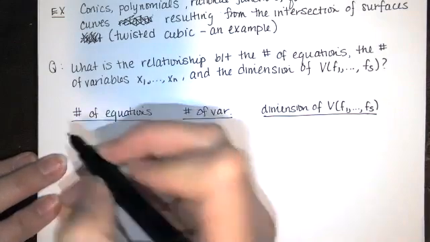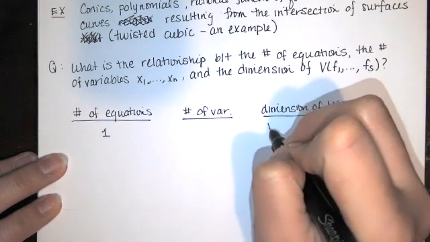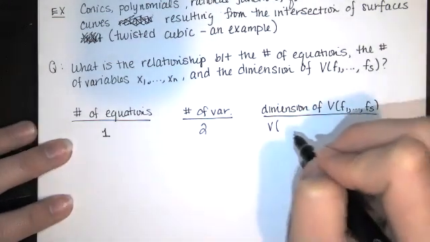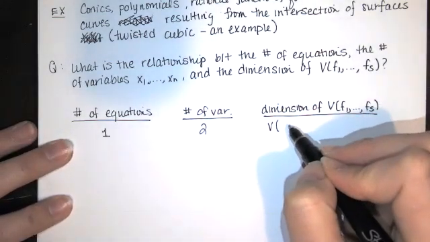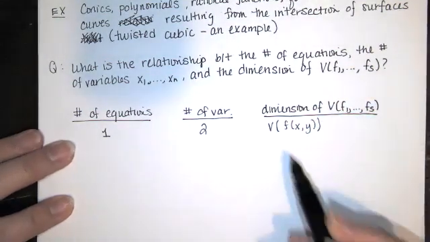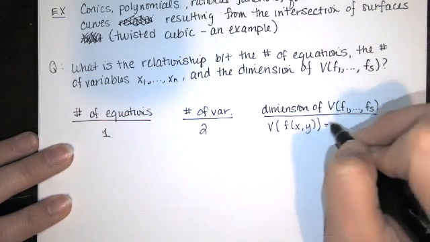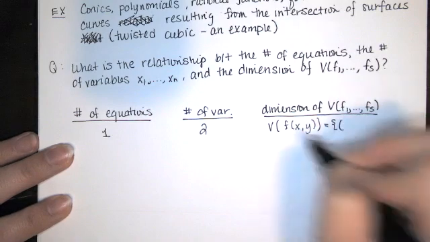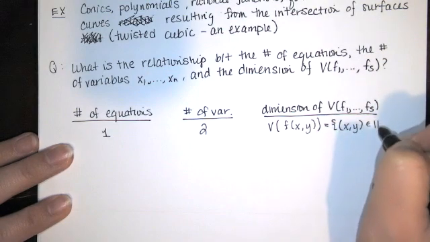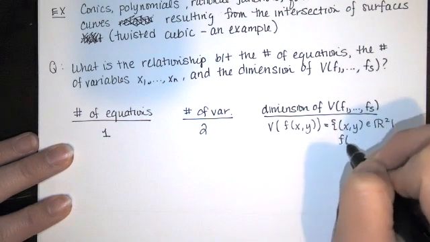Well, if we have one equation and maybe we have two variables, our affine variety would look something like this. The affine variety is defined by some polynomial f of x, y. So this is by definition the set of all points in two-dimensional space, and let's just use the real numbers for our field here, such that f of x, y equals 0.